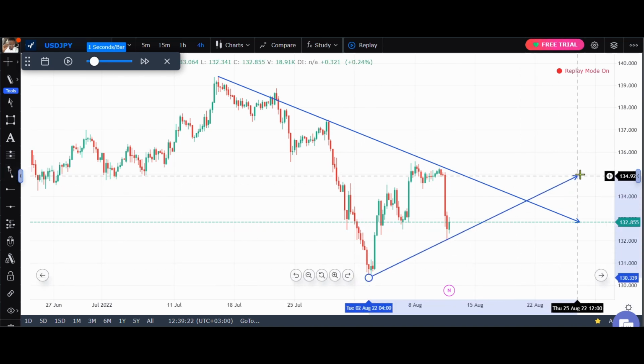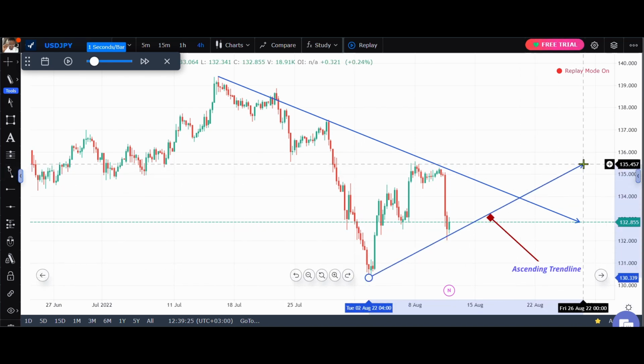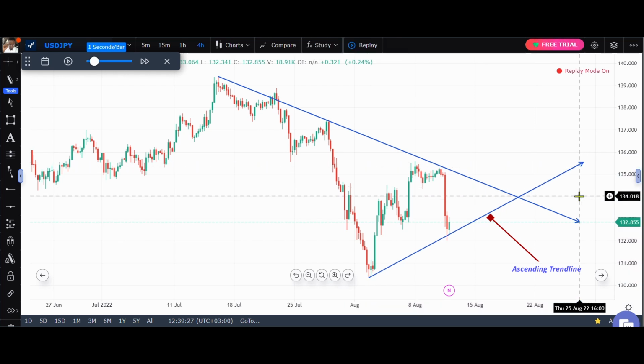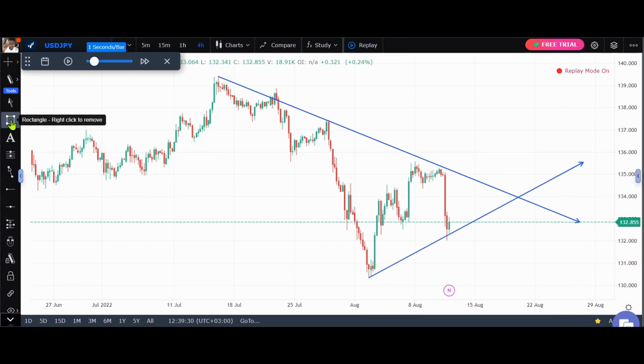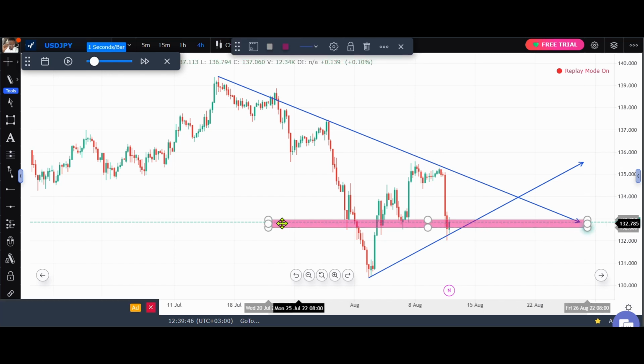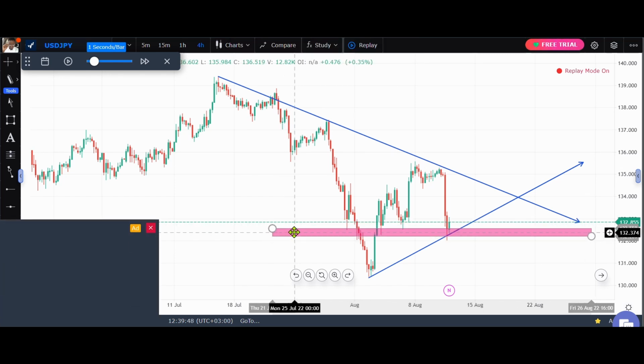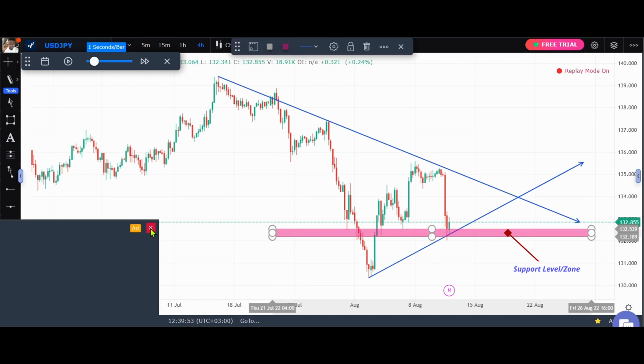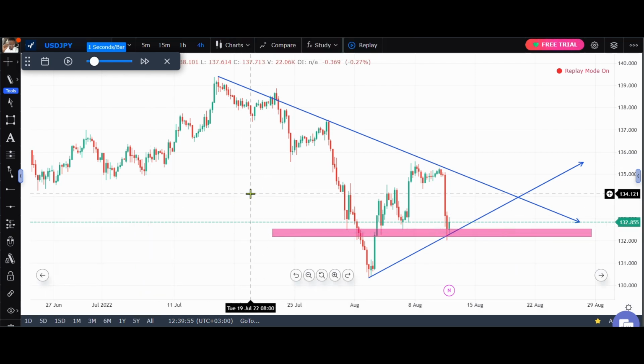And we have an ascending trend line. Let's draw a support zone. Nice.